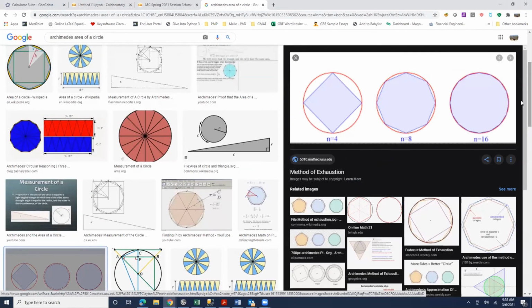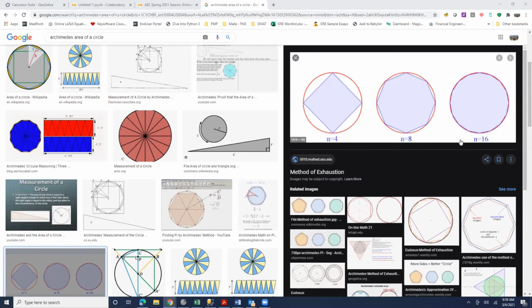What they did is they started with one circle, put a square inside it, then put an octagon inside it, then put a polygon with 16 sides. I'm not sure of the real name, but it has 16 sides.